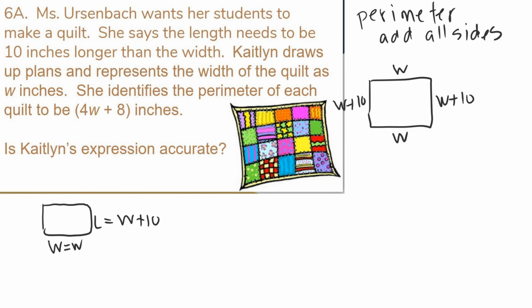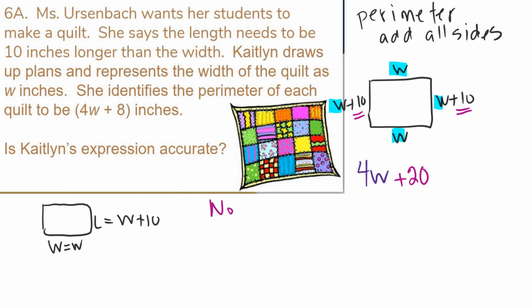If I add up all 4 sides, I have one W plus another W plus another W plus another W for 4W. I have over here 10 plus 10. So that's 4W plus 20. Is Caitlin's expression accurate? No. Caitlin forgot to add all 4 sides. I don't know exactly how she got the 8, but it should be 4W plus 20.